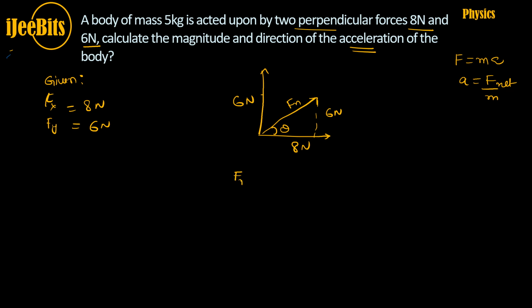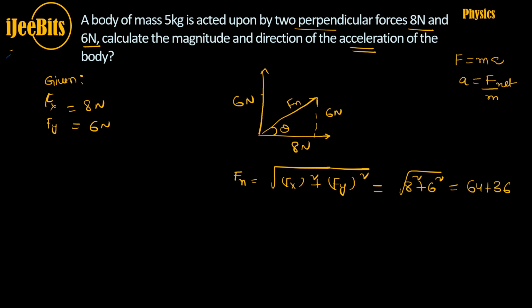Fn equal to, in a right angle triangle, the square root of Fx whole square plus Fy whole square. So the value would be the square root of 8 square plus 6 square, which is 64 plus 36 under root. That means 100, and the square root of 100 is 10.